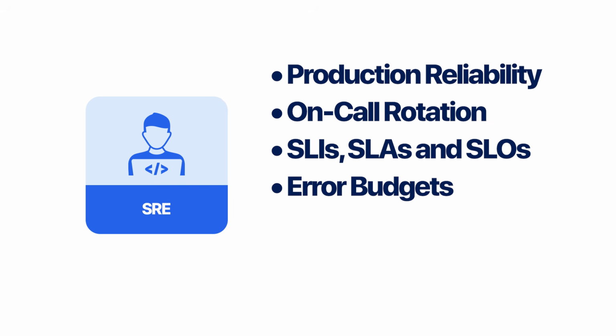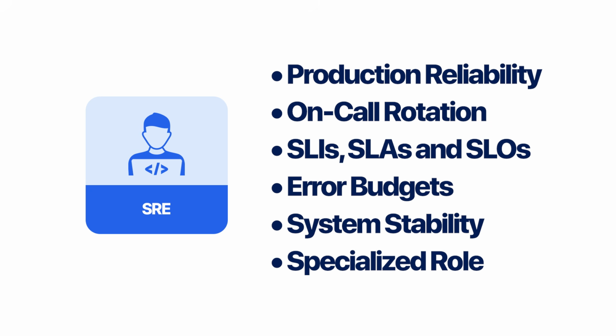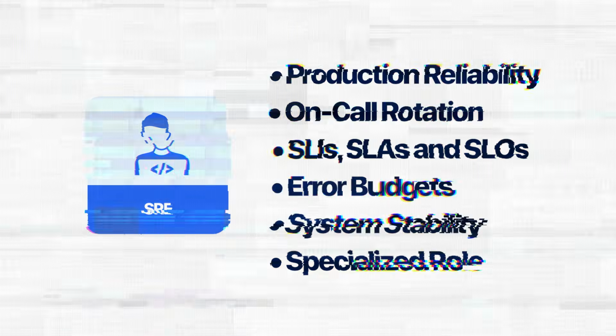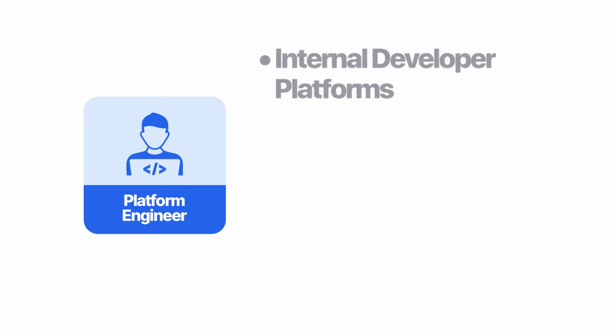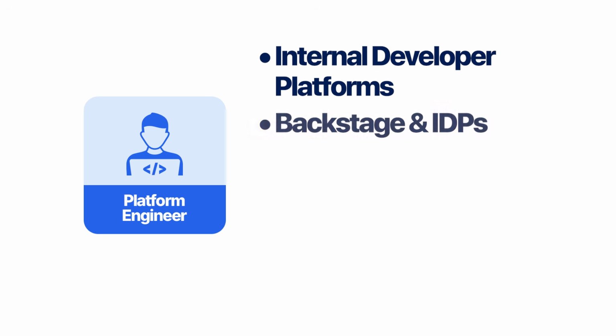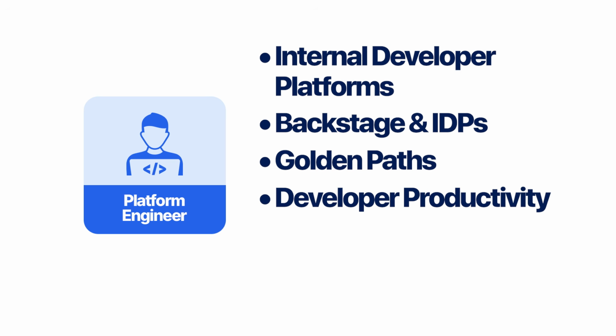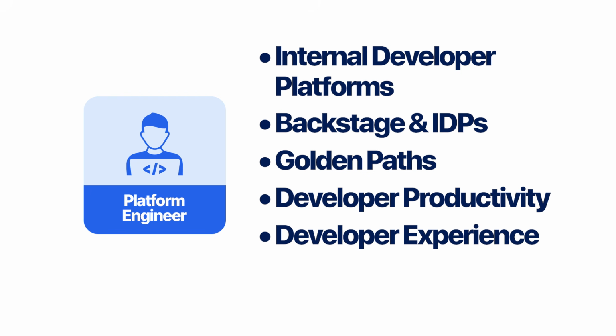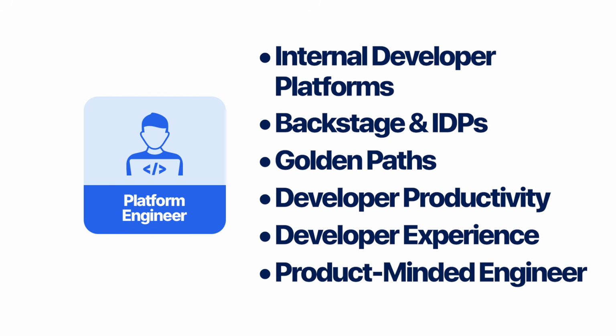SLI, SLO, and error budget metrics are handled here, along with the stability of the system, and this is a specialist role, which is usually a higher-paying role as well. Then we have the platform engineer, who builds the developer platform. It involves Backstage, golden paths, and IDPs. Developer productivity metrics are also tracked here, along with developer experience, and this is for the product-minded engineer.